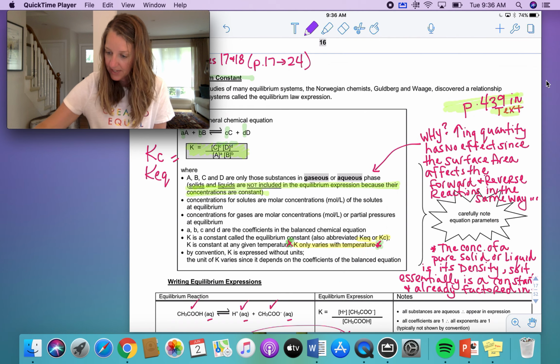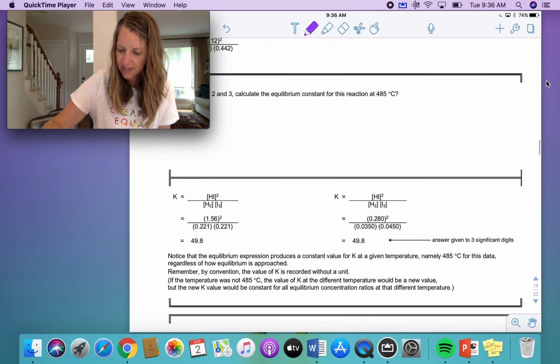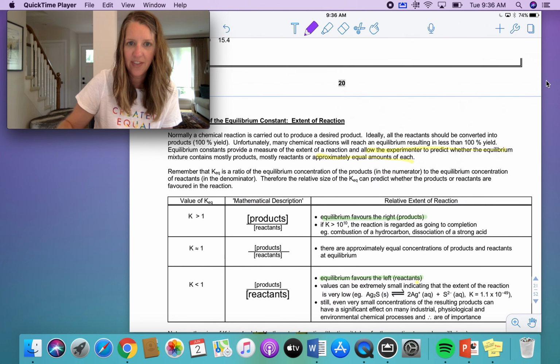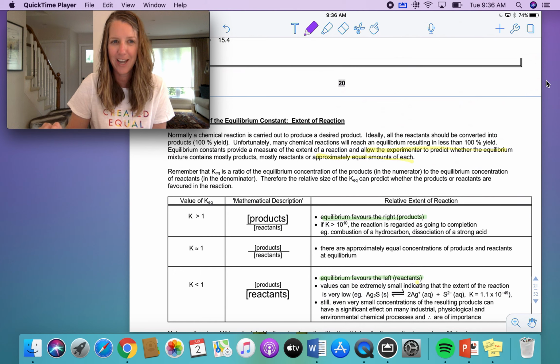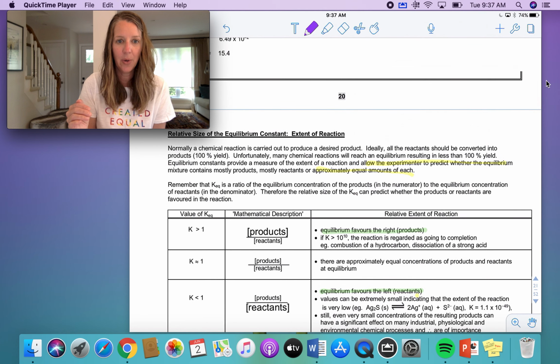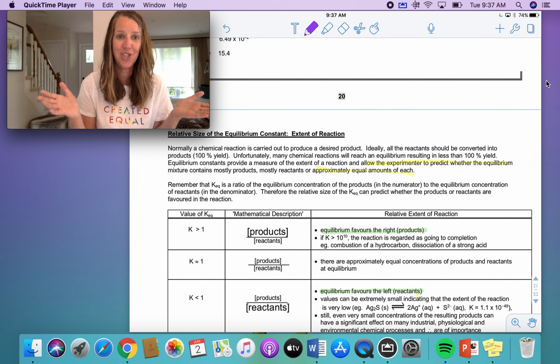All right, let's show what that means again. I went over this in the module that we did with K, and I just wanted to make sure that I had explained it right, because I re-listened to it, and I think I was sort of jumping ahead to the Q value. It just means that when you calculate a K value, mathematically you can figure out if it's going to be a system at equilibrium that has more products or more reactants just based on the math that you calculate.